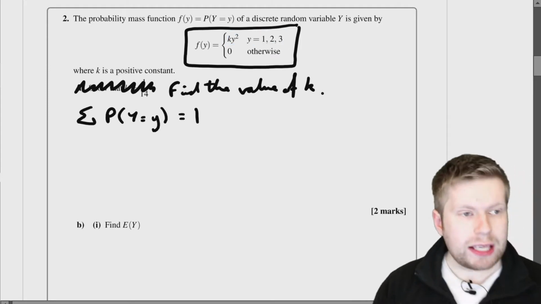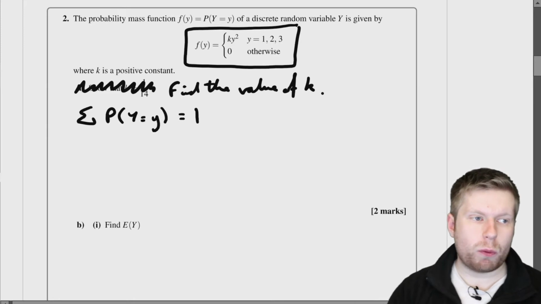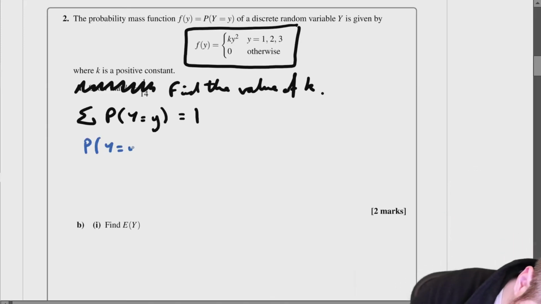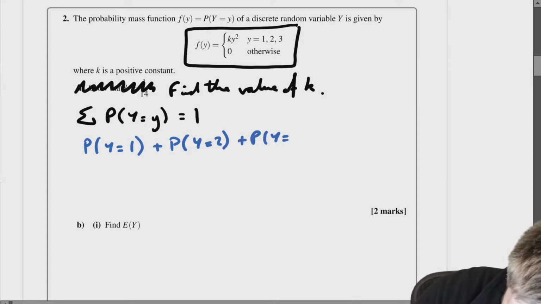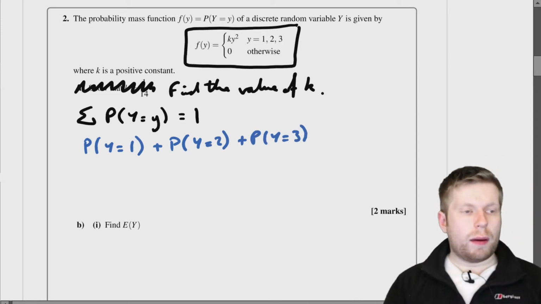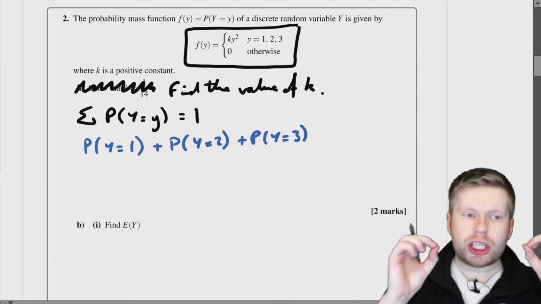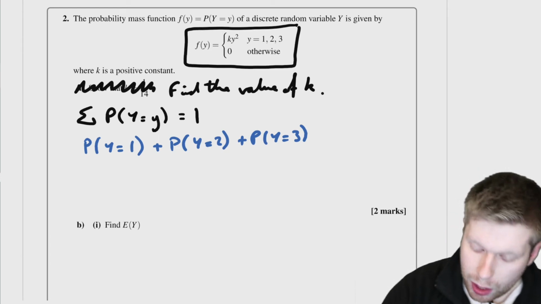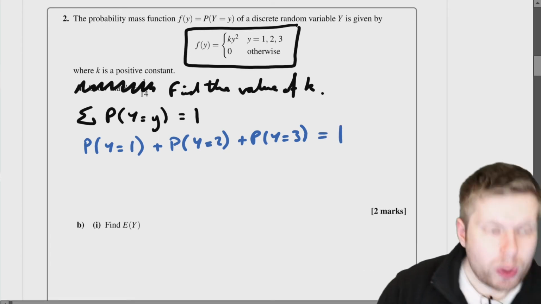So let's consider the probability that y equals 1, plus the probability that y equals 2, plus the probability that y equals 3, because these are the only 3 values that y can take which have some probability which is not 0. Otherwise, all values of y are 0. If we add all those probabilities together, we should get 1.